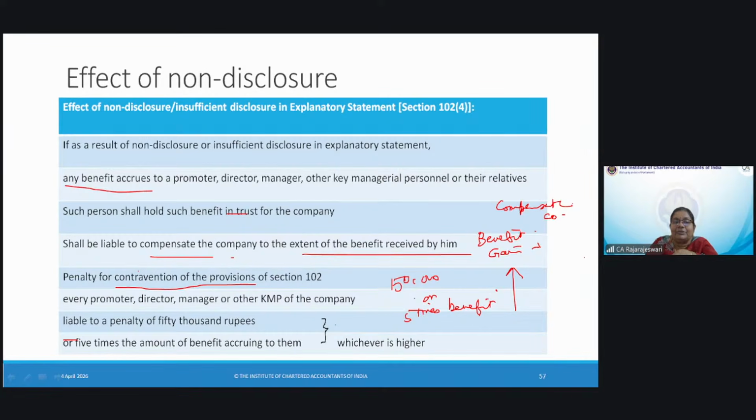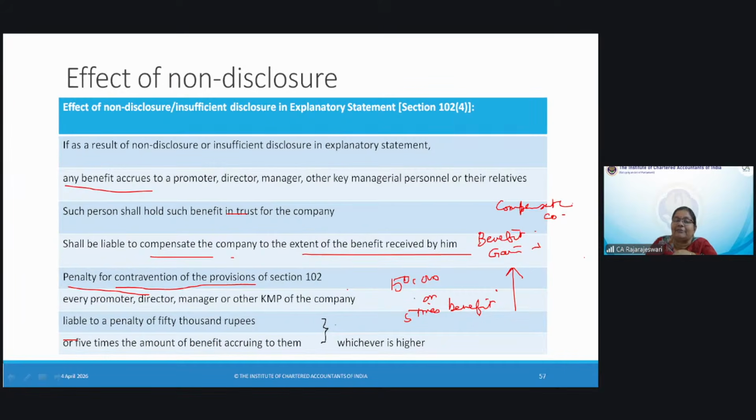And the second provision, the penalty for contravention: every promoter, director, manager, or other key managerial personnel of the company is liable to a penalty of 50,000 or 5 times the benefit accruing to him, whichever is higher.